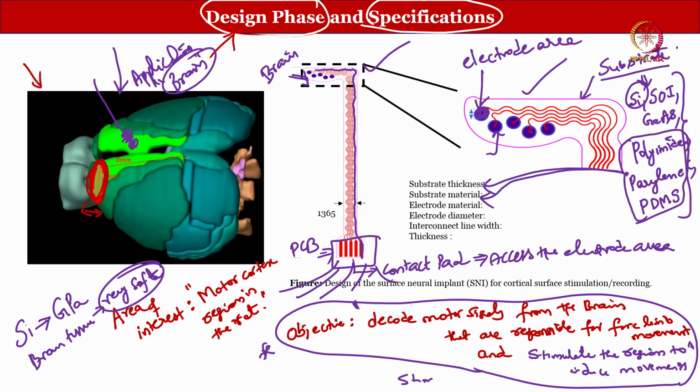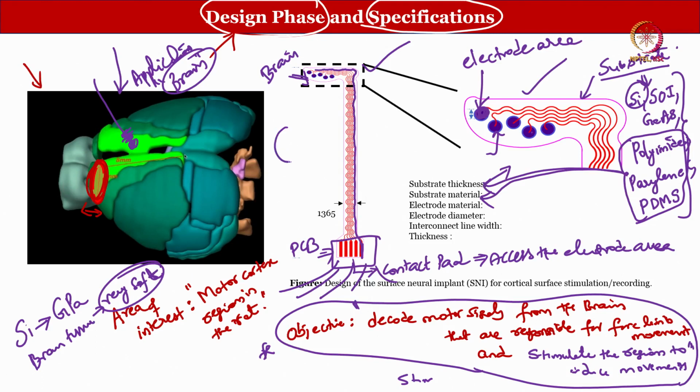Then the substrate thickness, how thick the material is going to be. I will give one example: when the thickness is very small and you use polyimide as a substrate, there are a lot of curling effects. The device will curl like this.